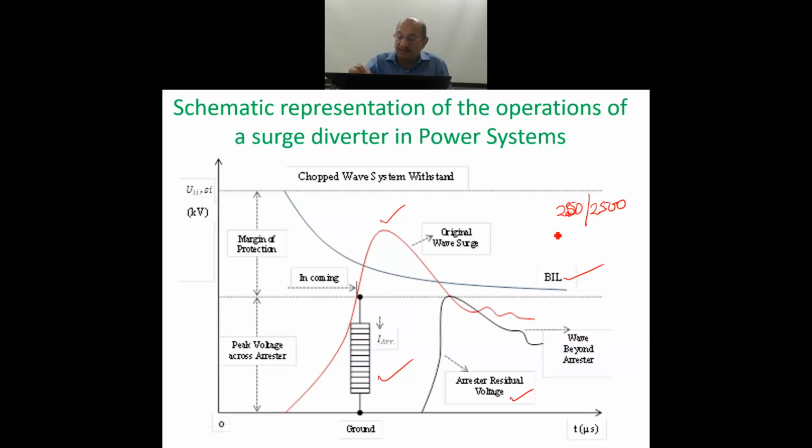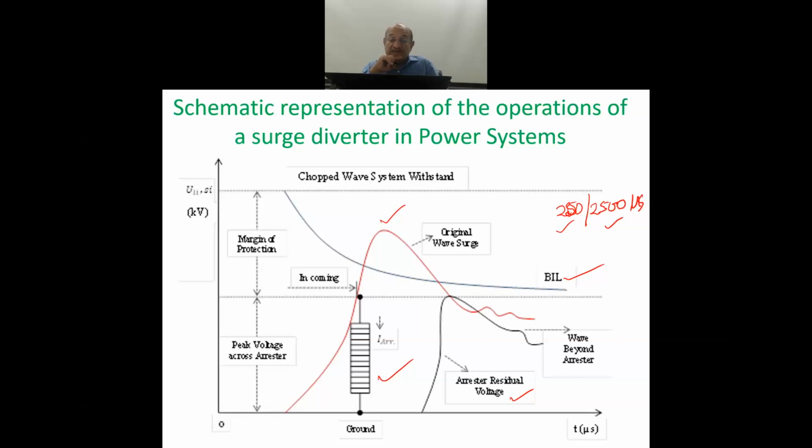This is the rise time, and this is the fall time to 50% of the value. So you can imagine this is 250 microseconds to 2500 microseconds, that is 0.25 milliseconds to 2.5 milliseconds. So this is a much slower wave as compared to 1.2 by 50 microseconds.